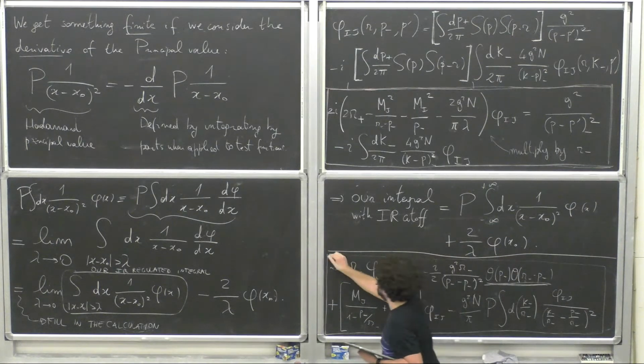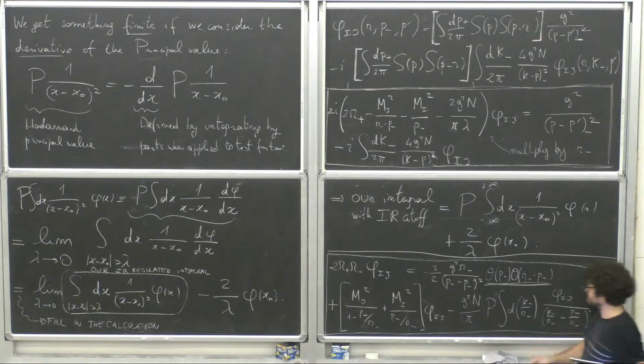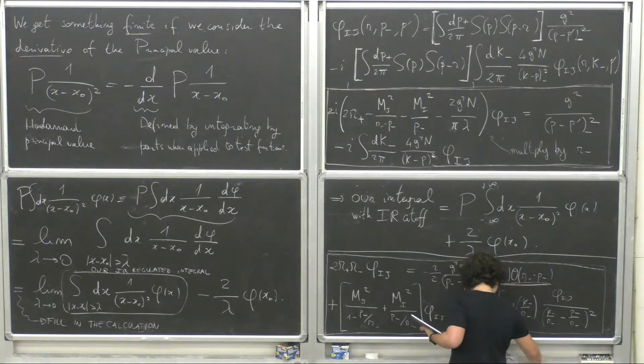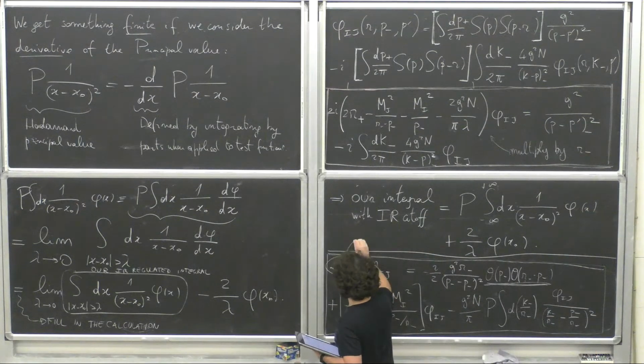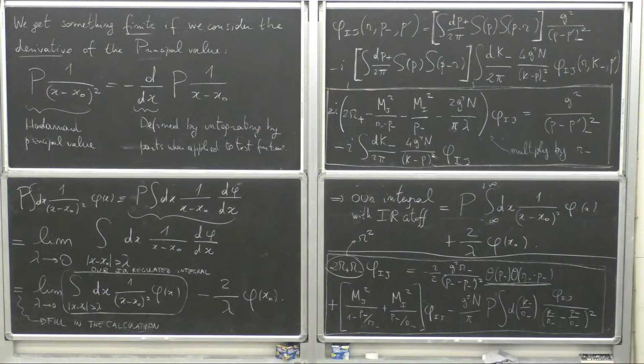And you see that this combination that appeared here is precisely r squared, right? The modulus square of the momentum that is supposed to give us the mass of the meson.